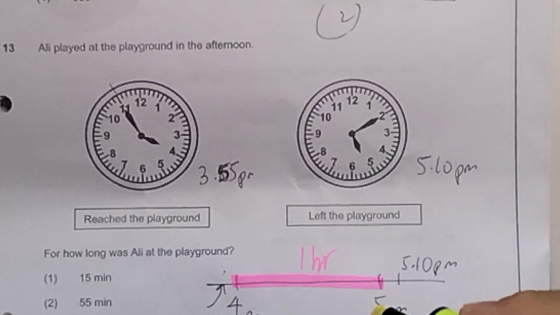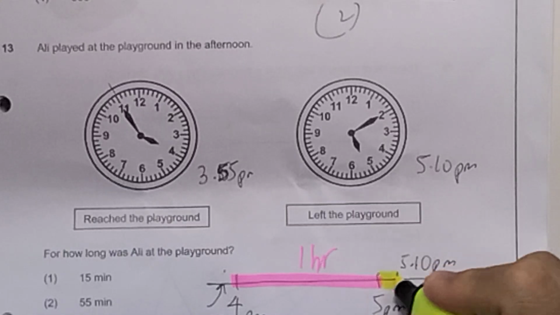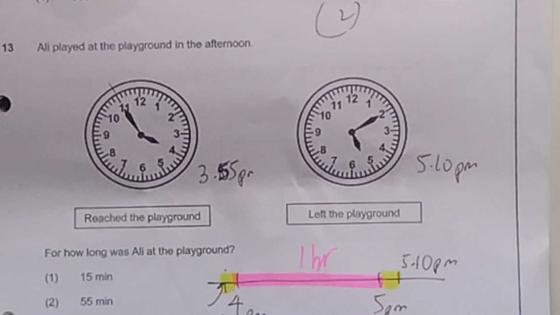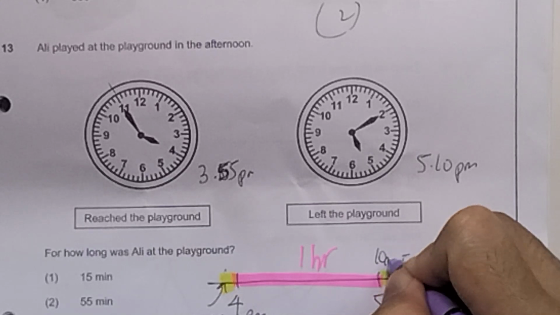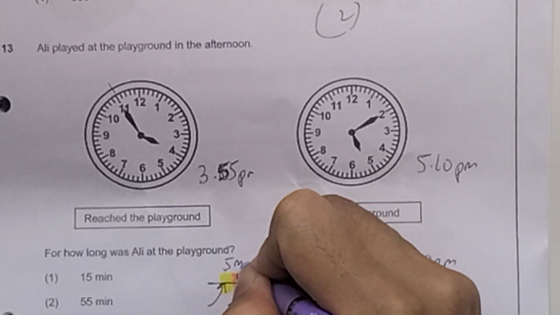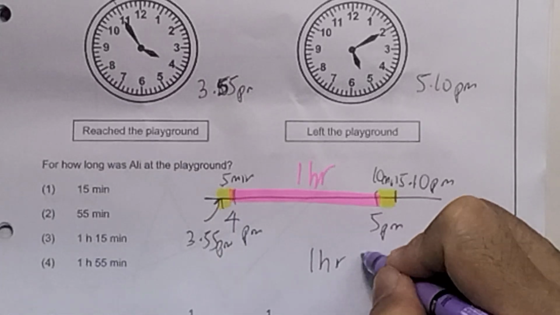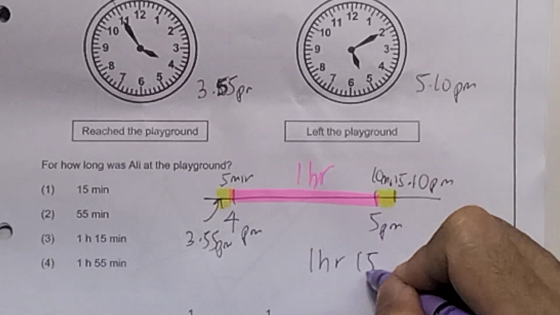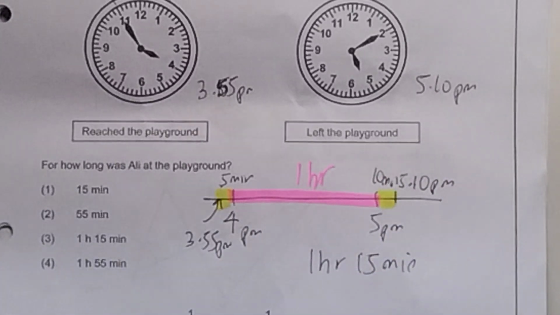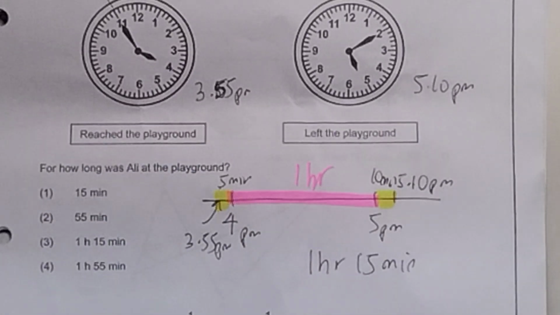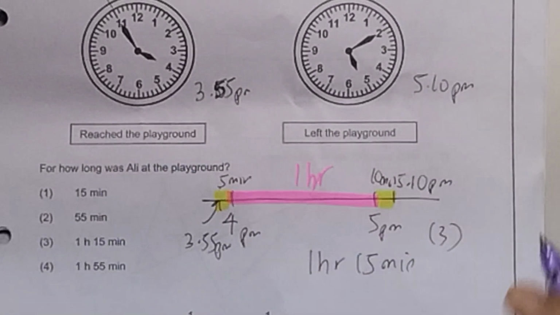And this little part that extends here, we have 10 minutes here, and this part came before 4 was 5 minutes. So you spend 1 hour, and 10 plus 5 is 15 minutes. Okay, now so answer is number 3.